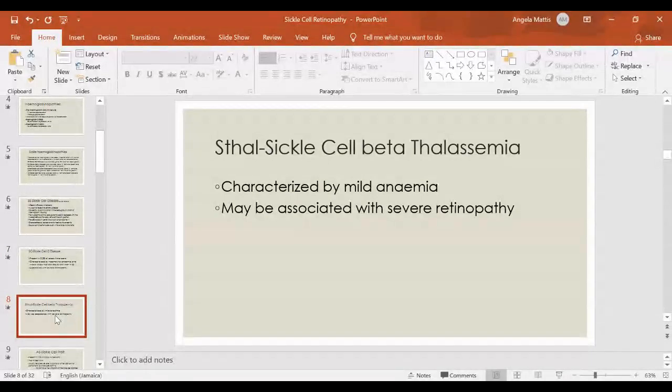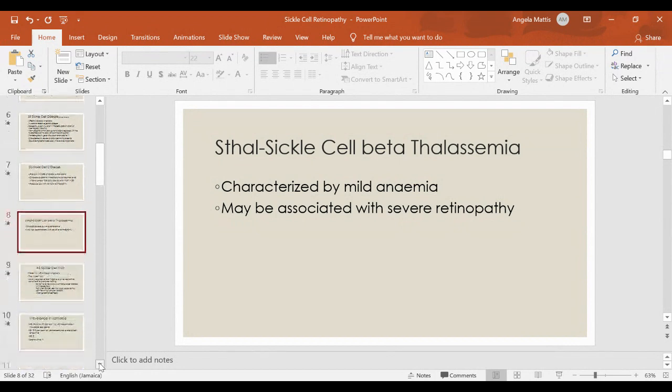Sickle cell beta thalassemia comes with a very mild anemia, but this too may be associated with severe retinopathy. So your systemic complications are mild, but you can have severe retinopathy in your sickle beta thalassemia.